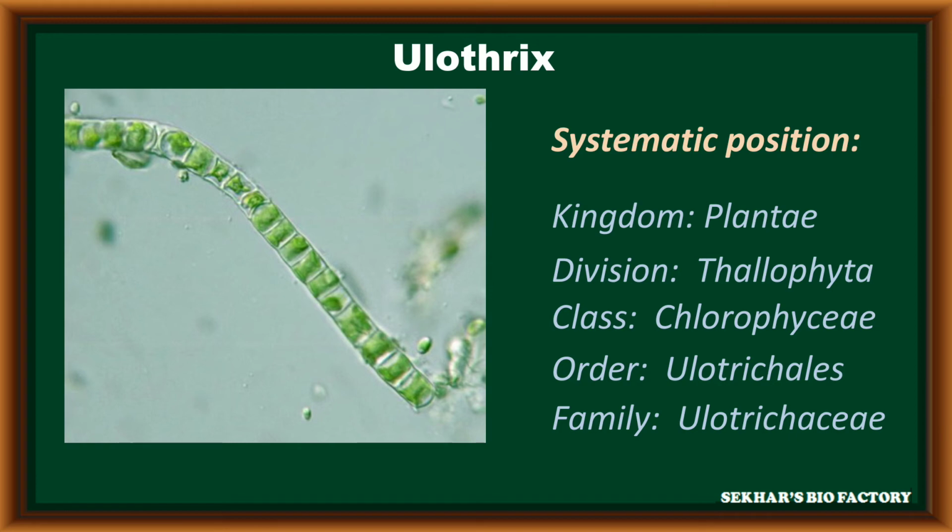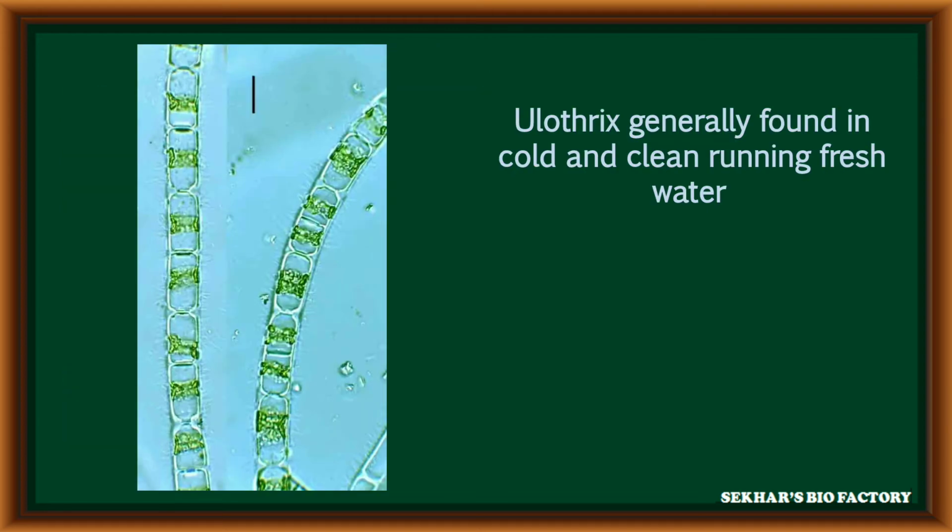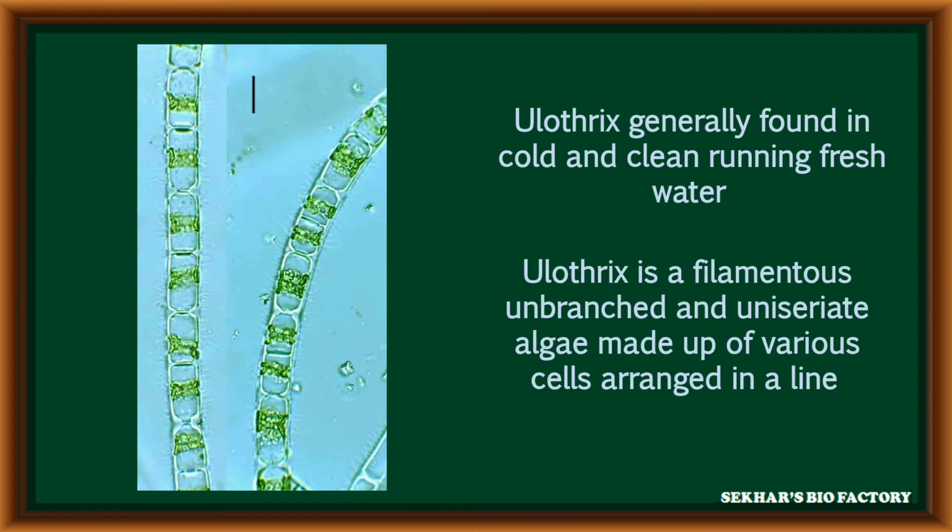The systematic position of Ulothrix: it belongs to kingdom Plantae, division Thallophyta, class Chlorophyceae, order Ulotrichales and family Ulotrichaceae. Ulothrix is generally found in cold and clean running fresh water.